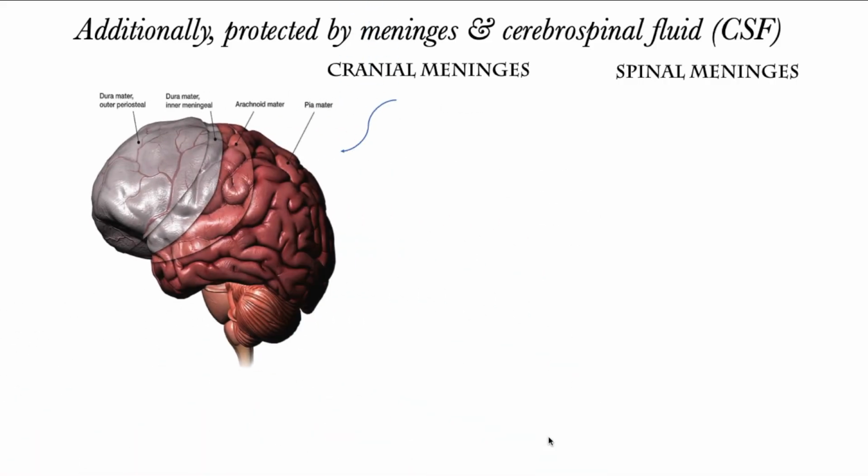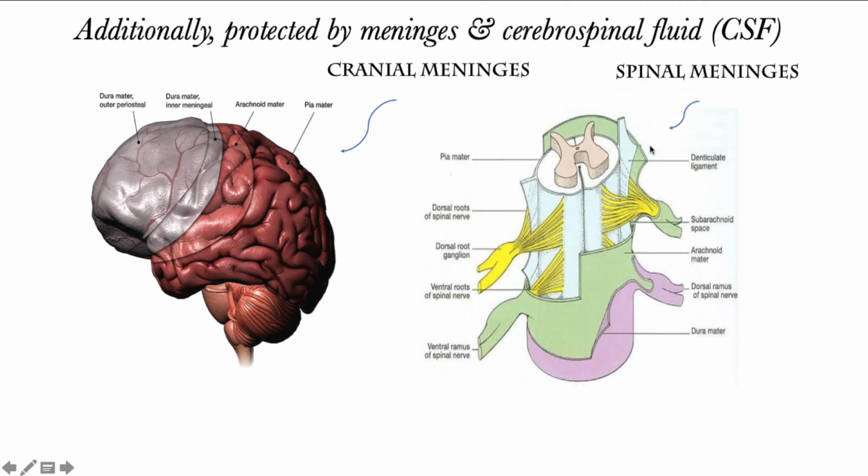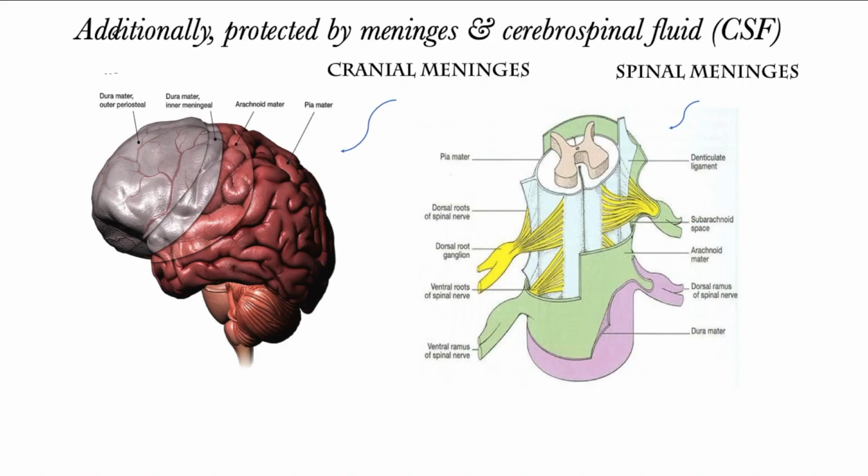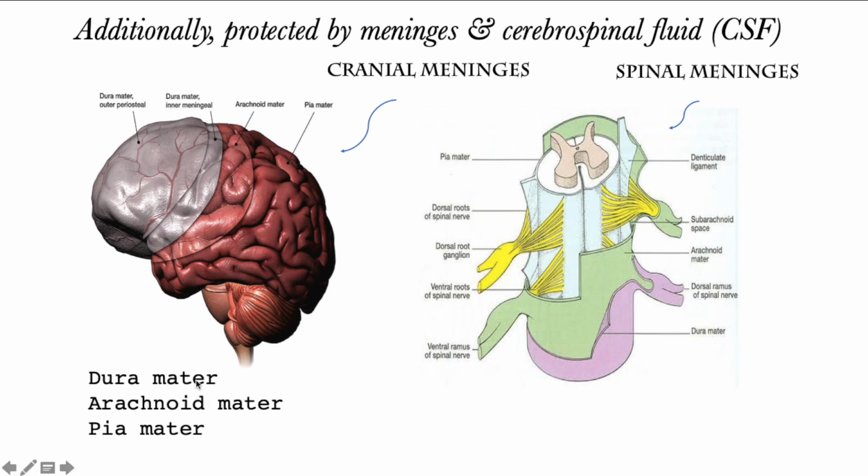The meninges which cover the brain are known as cranial meninges, and the meninges which cover the spinal cord are known as spinal meninges. Both of these structures are continuous with one another and they have three different layers. The outer one is dura mater, the intermediate one is arachnoid mater, and the innermost is pia mater.